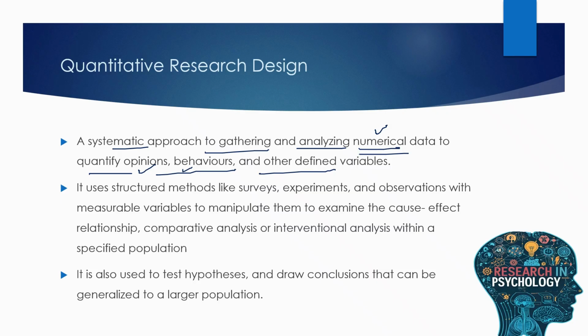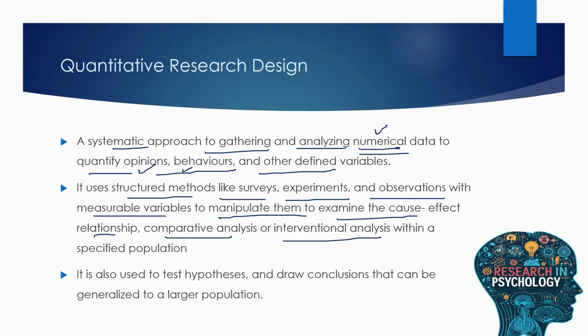We will be assigning numbers to this so that we can analyze them statistically, right? It uses structured methods like surveys, experiments, and observations with measurable variables to manipulate them to examine the cause-effect relationship, comparative analysis, or interventional analysis within a specified population.